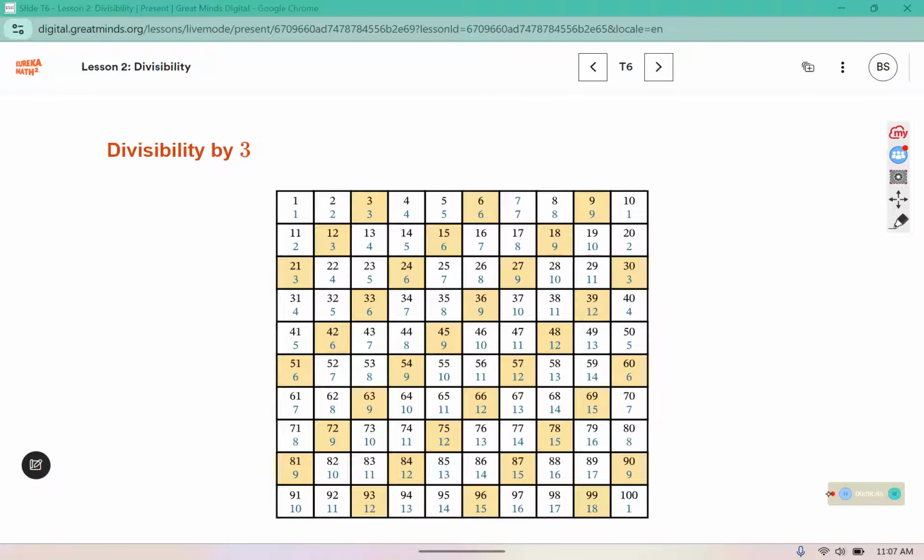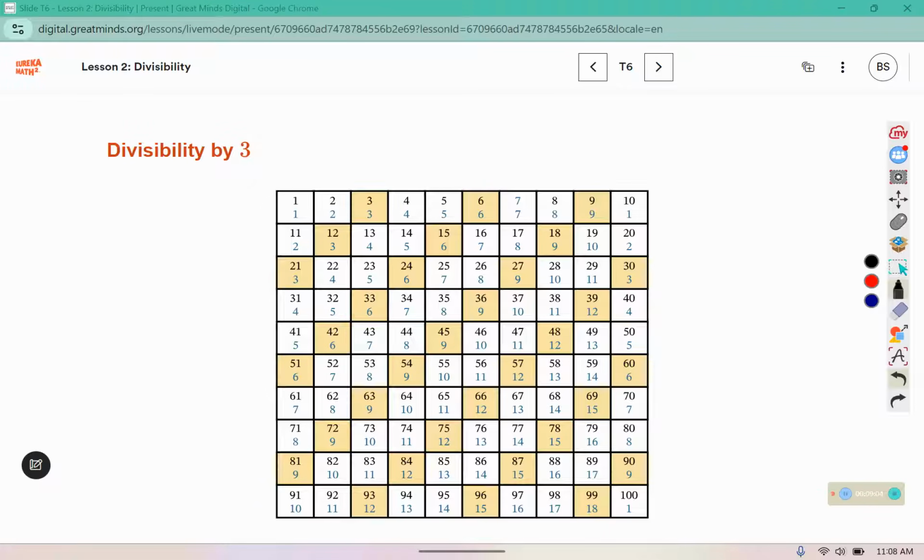So in this, we have the sum of the digits. You can see here at 10, 1 plus 0 is 1, 1 plus 1 is 2, 1 plus 2 is 3, 1 plus 3 is 4, 2 plus 2 is 4, 3 plus 2 is 5.